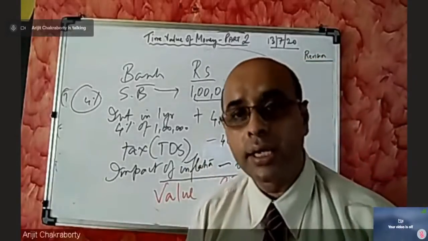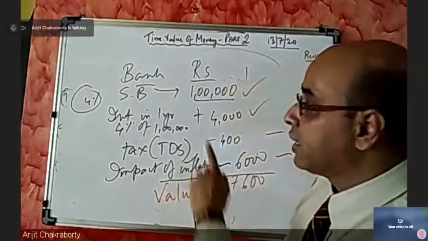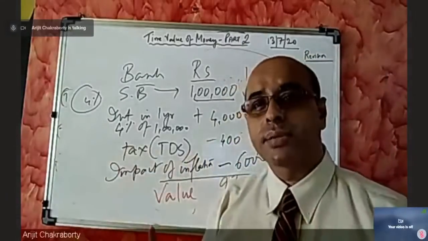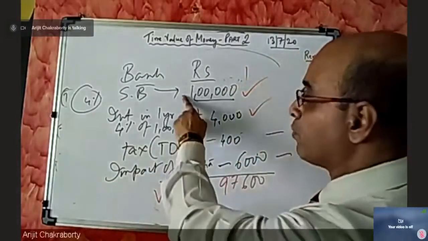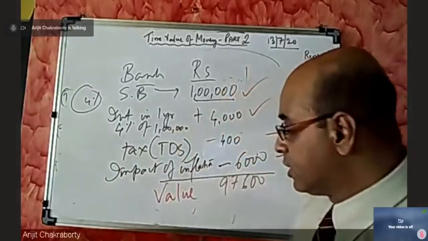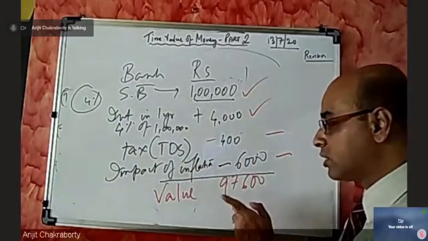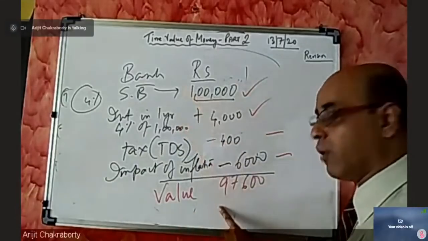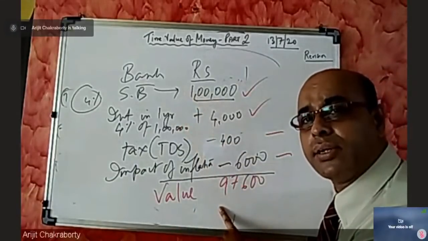So even though I have earned interest, in spite of that, the value has gone down. I started with 1 lakh, now it is 97,600.